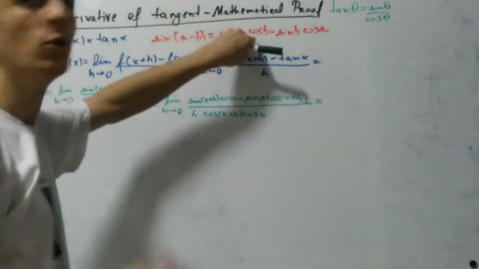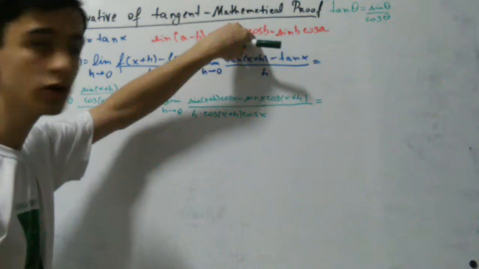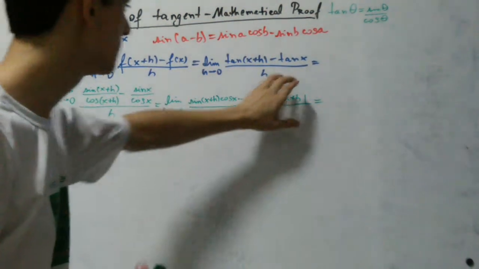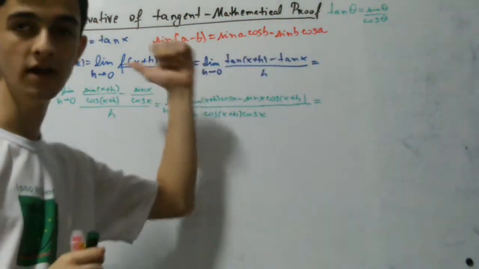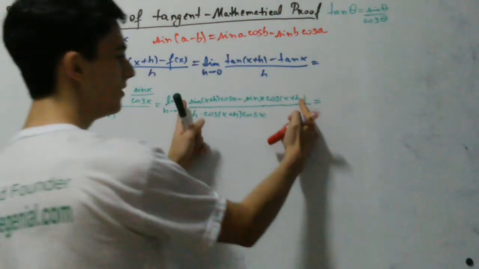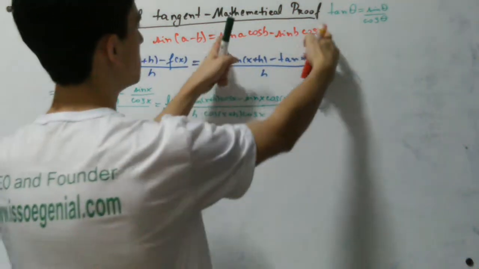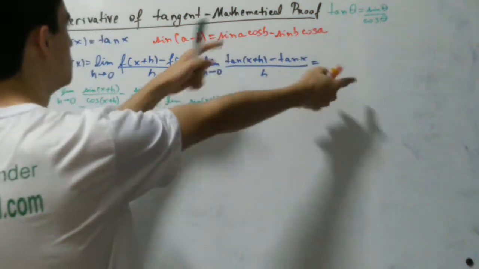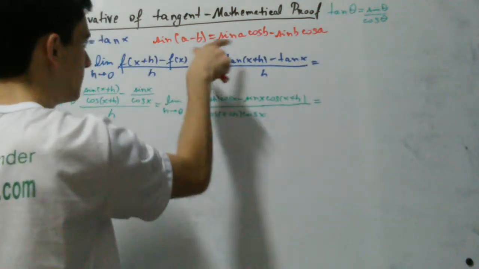This is a property we study in trigonometry, and we're going to do the reverse, the other way around. We have this here, and we're going to see that this is very similar to this. And we are going to get back to this first thing here.